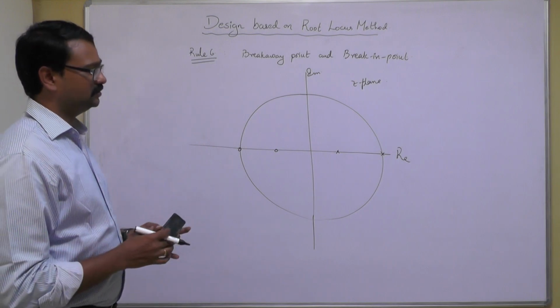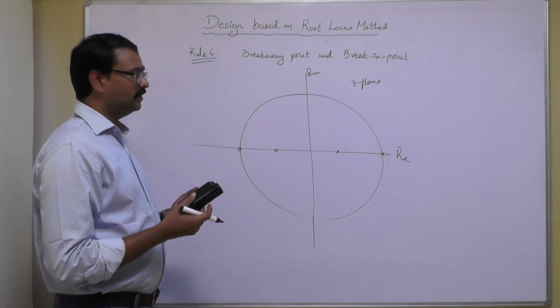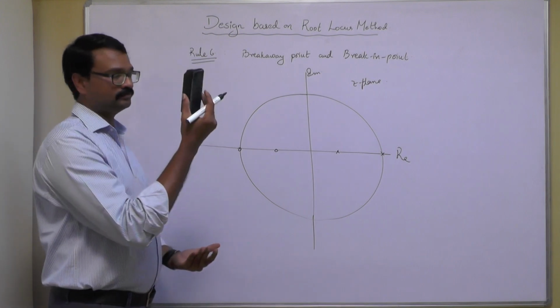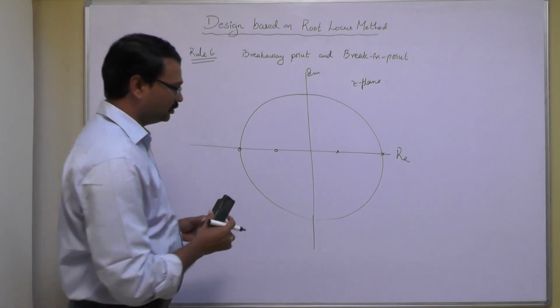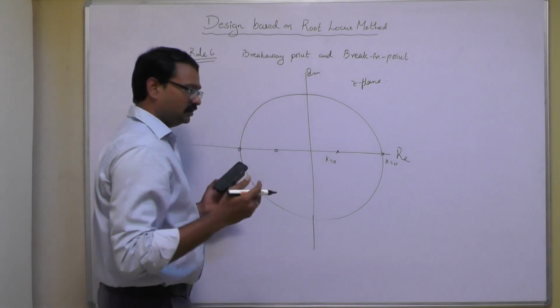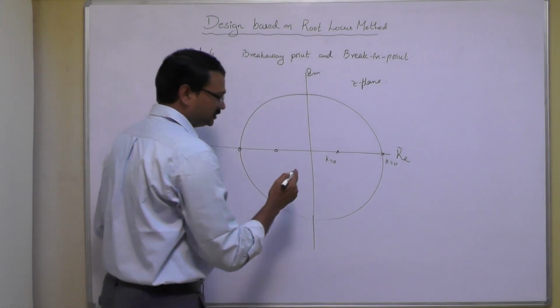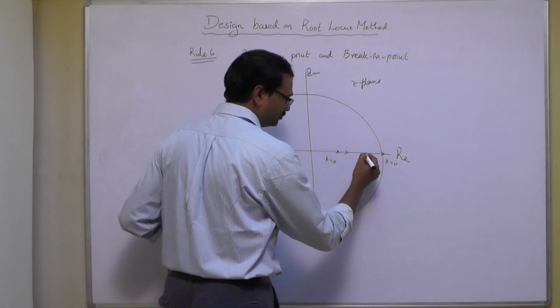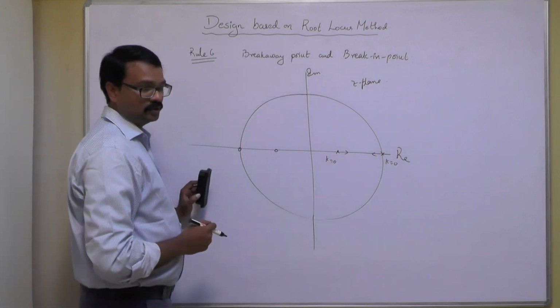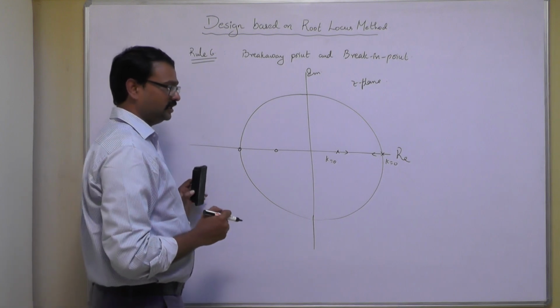Breakaway point is the point where any number of poles meet and break away, right? Because from poles when k is equal to 0, as k is increased from 0 towards infinity, what is happening? The poles start moving towards each other on the real axis, right?